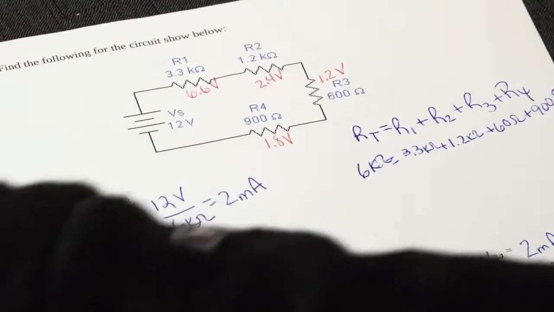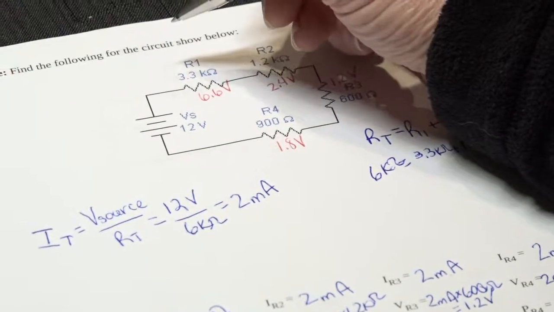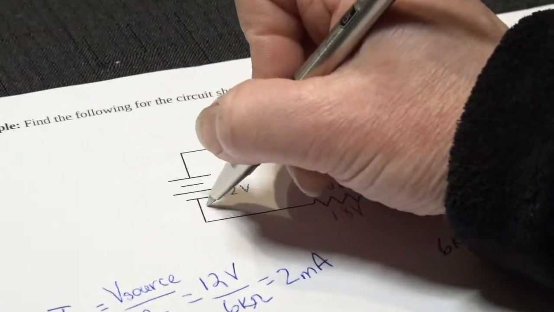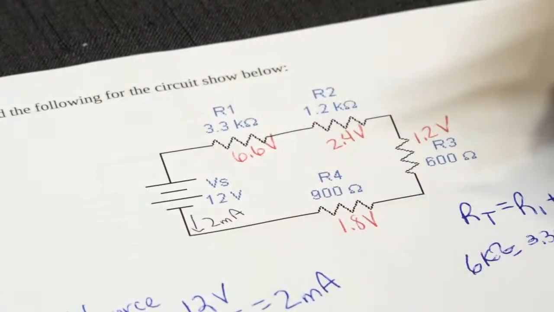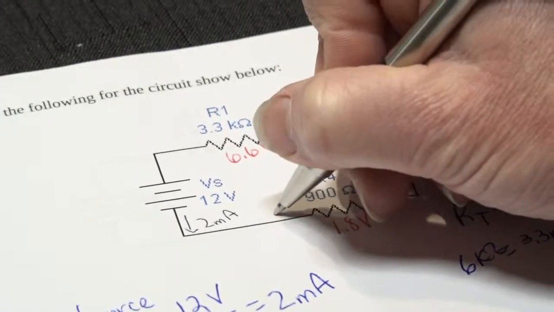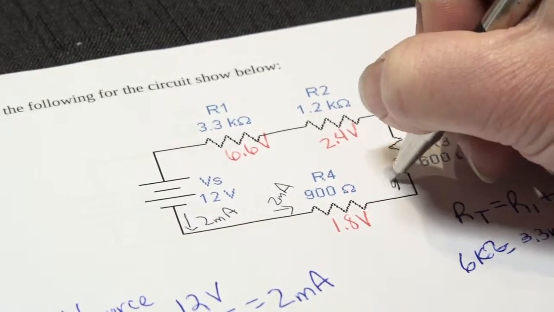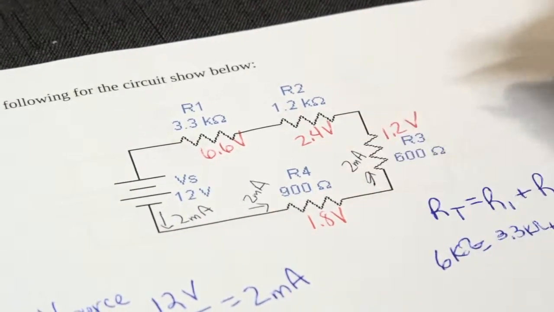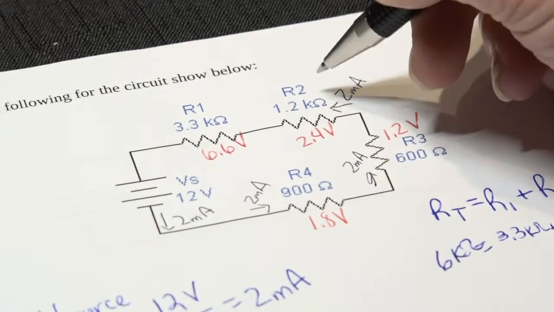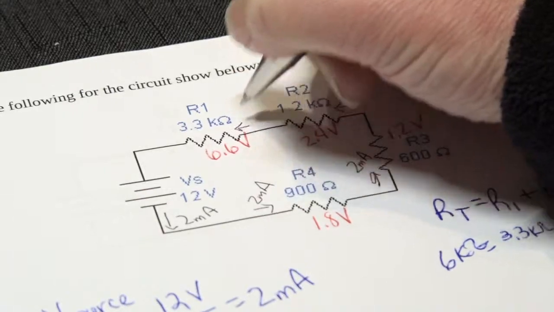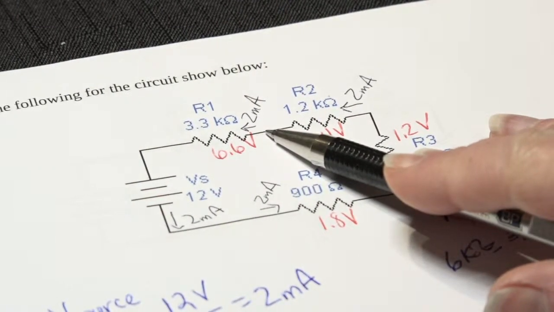Now remember, I like to draw on my diagram here, what was the total current that we found? Well, we found the total current to be 2 milliamps. And remember, we have 2 milliamps going through resistor 4, 2 milliamps going through resistor 3, 2 milliamps going through resistor 2, and 2 milliamps going through resistor 1.